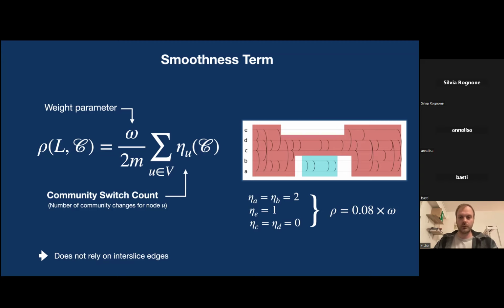The point with this approach is that it does not depend on interslice edges, and that was the difficulty about the multi-slice modularity. So now we have 3 expectation terms and a smoothness term that work on link streams.